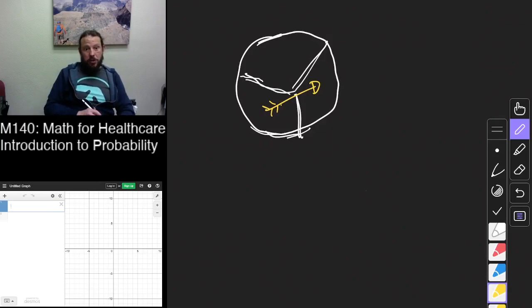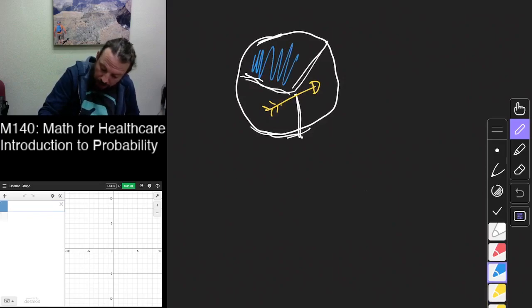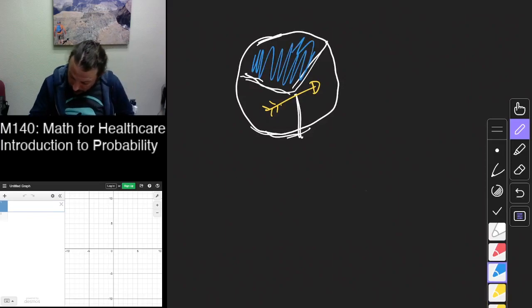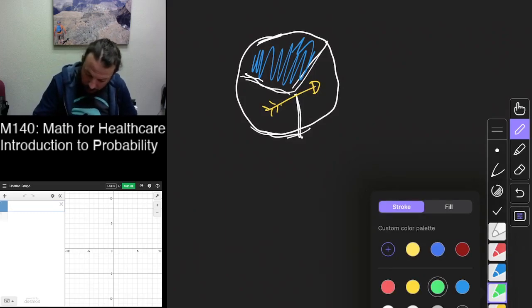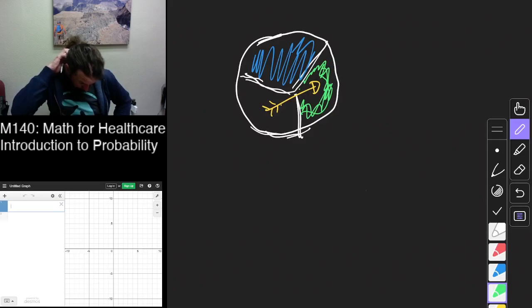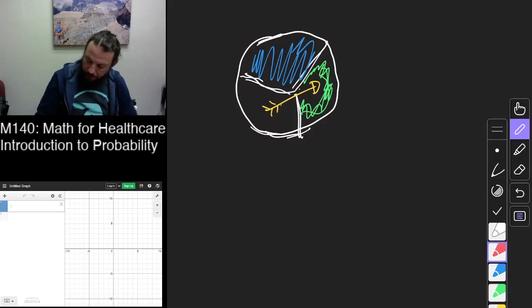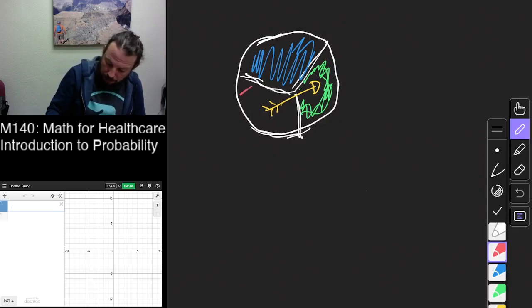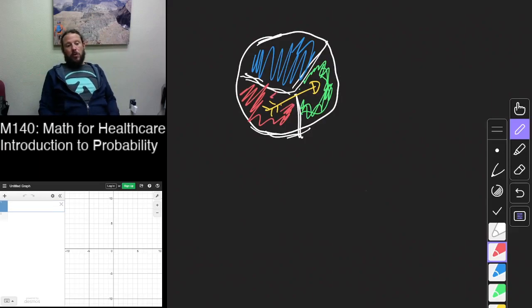We want to see which color it lands on. We have a blue piece, a green piece, and a red piece of the pie. Simple. So we're going to spin that.